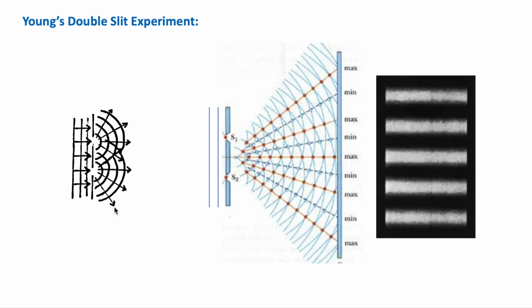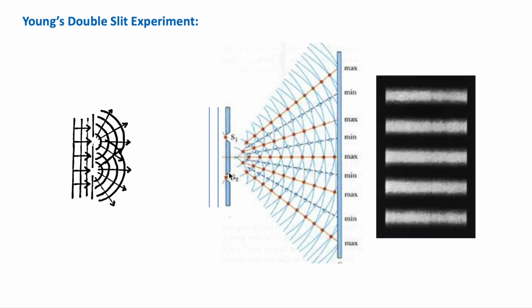So interference of light waves was first demonstrated by Thomas Young, and this is Young's experiment, which shows a schematic diagram where plane waves arrive at the barrier, and this barrier contains two slits, S1 and S2.